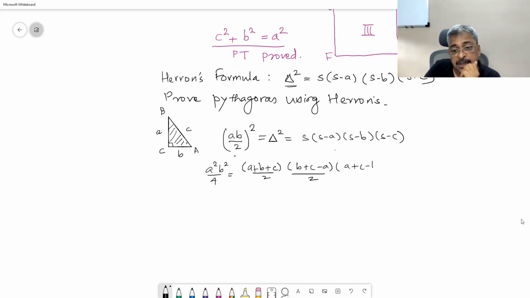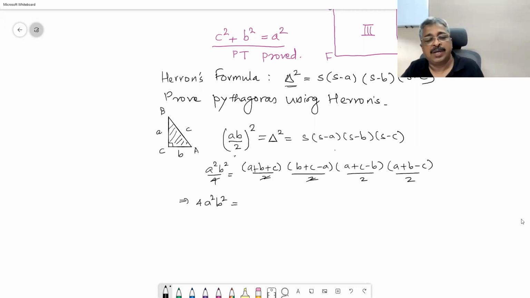A plus C minus B divided by 2. And what is S minus C? A plus B minus C divided by 2. Correct? This implies 4A square B square, 2 1, this 2 1, this 4 1, this 4 1. So 4A square B square is equal to the product of these 4 brackets.